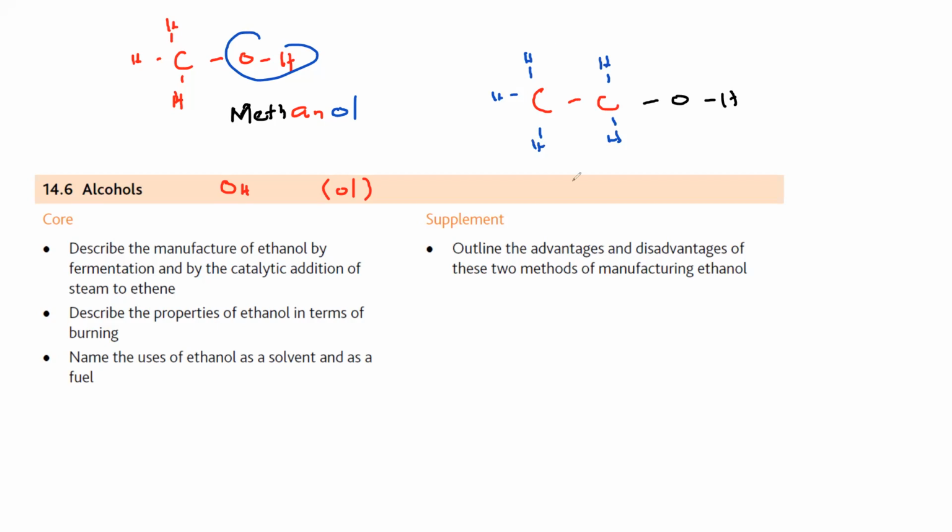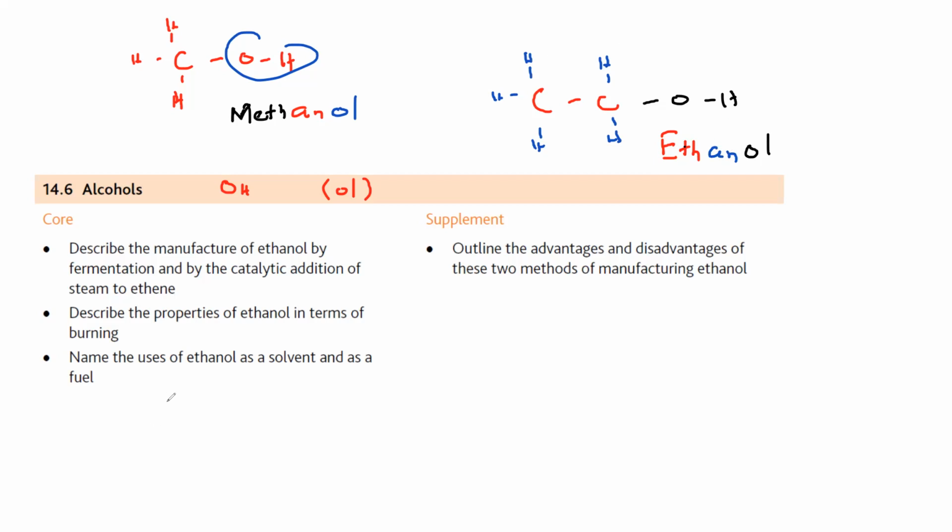Because there are two carbon atoms, the prefix we use is eth. The bond between the carbon atoms is a single bond, so we call it -an. And due to the presence of OH, we call that -ol. So it is ethanol.